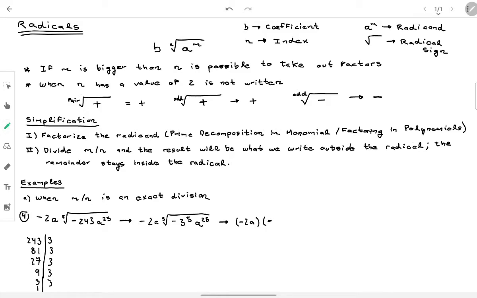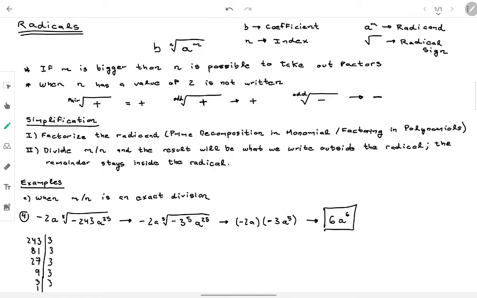What happens next? 5 divided by 5 is only 3 to the 1. For a to the 25, it's 25 divided by 5, which is exactly 5. If we multiply those, minus multiplied by minus is plus. 3 times 2 is 6. a to the 5 and a to the 1 is a to the 6. And that's going to be the actual answer.